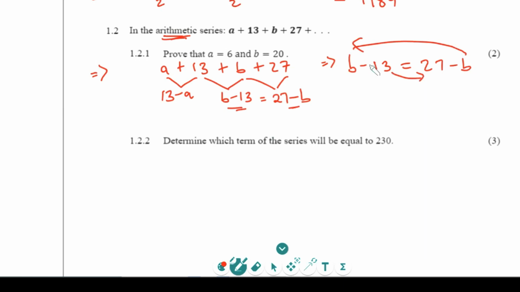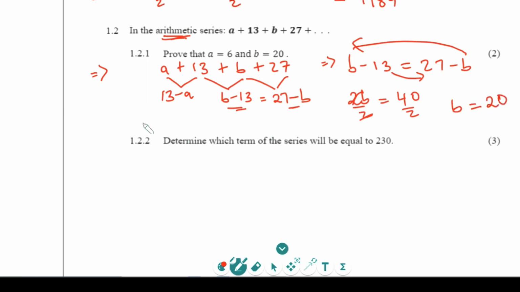So when this b transposes, the whole thing becomes 2b, and the 13 crosses the equal sign and becomes a plus, so it's 27 plus 13, which gives me 40. And then I'll divide both sides by 2, which means b is 20.